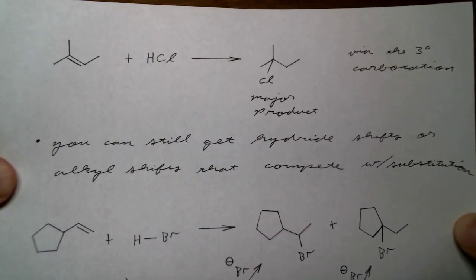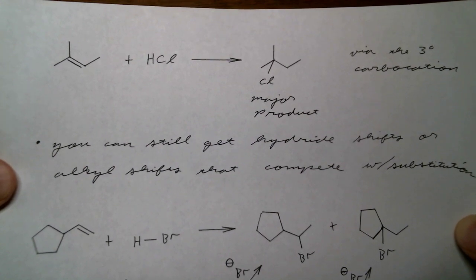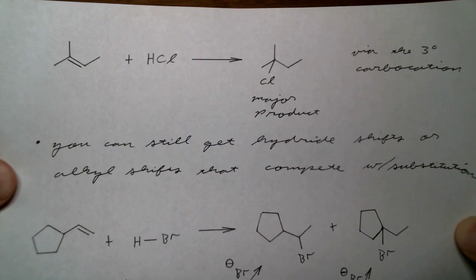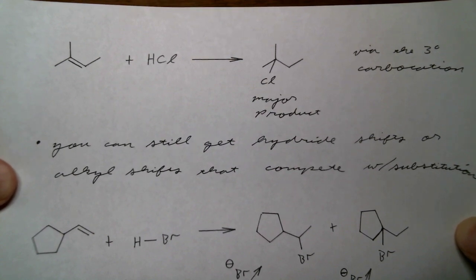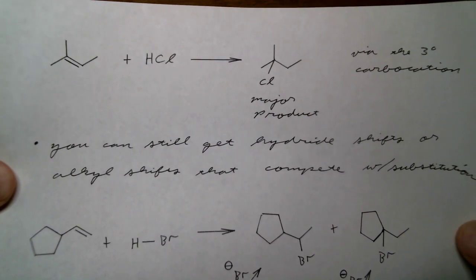We ended the second video looking at Markovnikov addition of strong mineral acids to alkenes. And by Markovnikov addition, we mean that the alkenes are protonated to give the most stable carbocation intermediate.